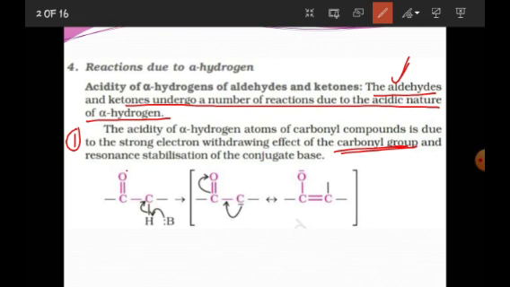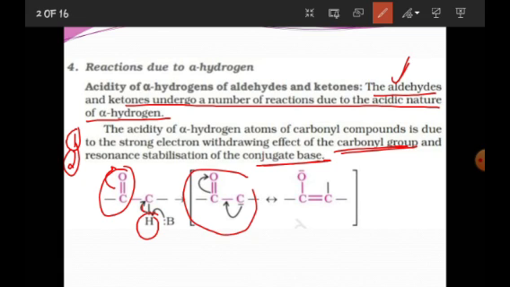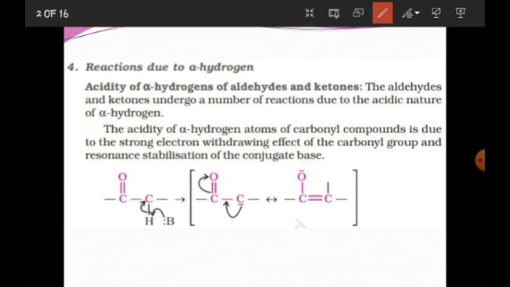The second reason is resonance stabilization of the conjugate base. As shown, this bond moves and this H will be removed, and the conjugate base formed is resonance stabilized. That is why there is strong favor for removal of this alpha hydrogen. So these are the two reasons: first, the strong electron withdrawing effect of carbonyl group, and second, the resonance stabilization of the conjugate base.